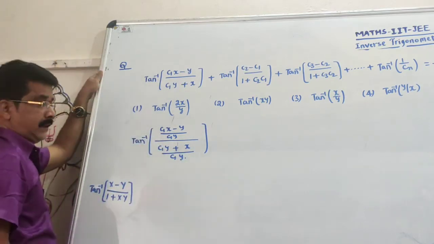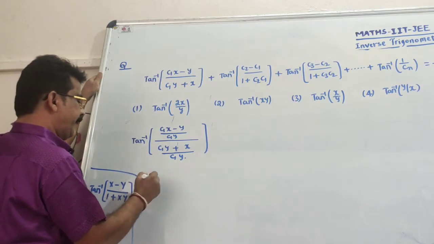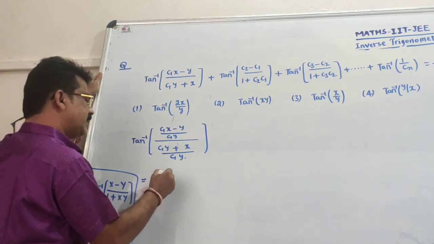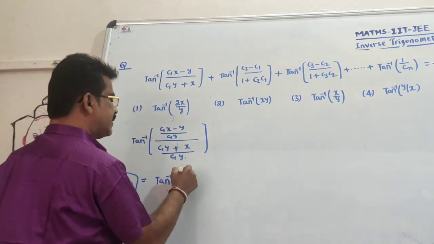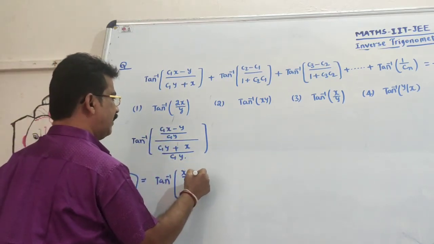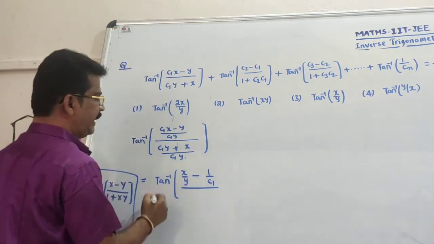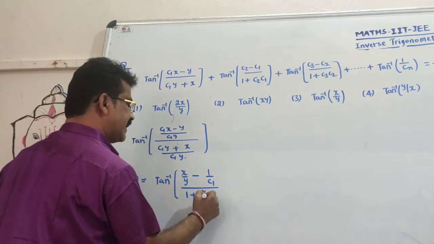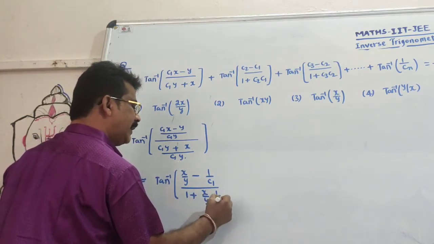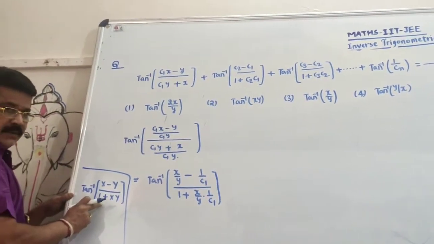Then in the next step, tan inverse of: C1 gets cancelled, it remains x minus y times 1 by C1, whole divided by 1 plus x by y into 1 by C1. Gradually we are obtaining this form.